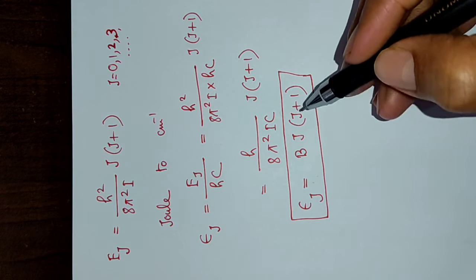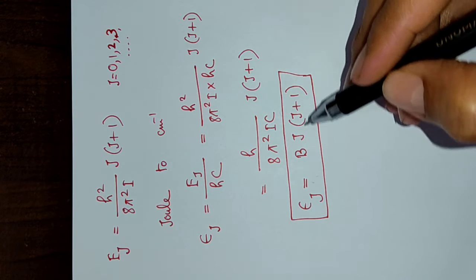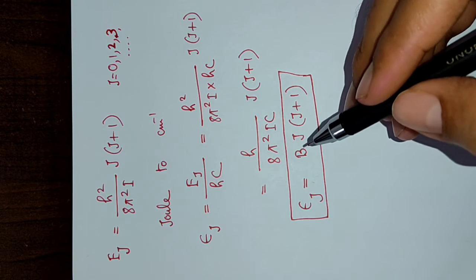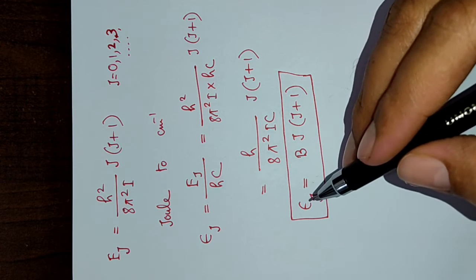Now since this J is quantum number, this will be dimensionless. So the dimension of B must be centimeter inverse, since here we have wave number.